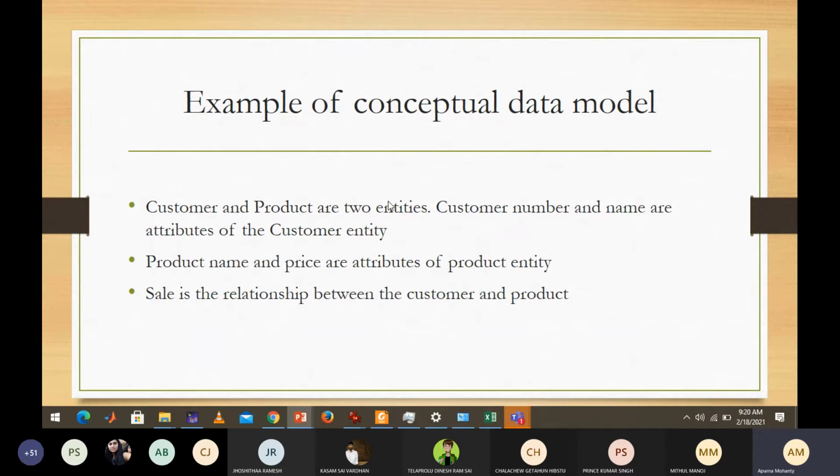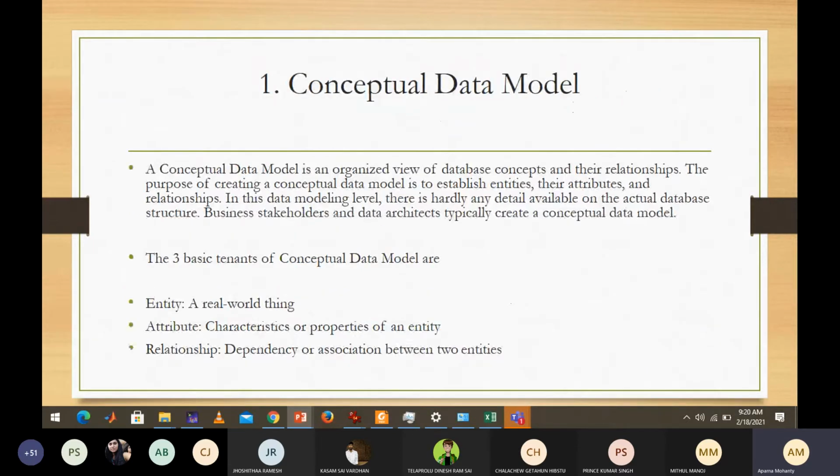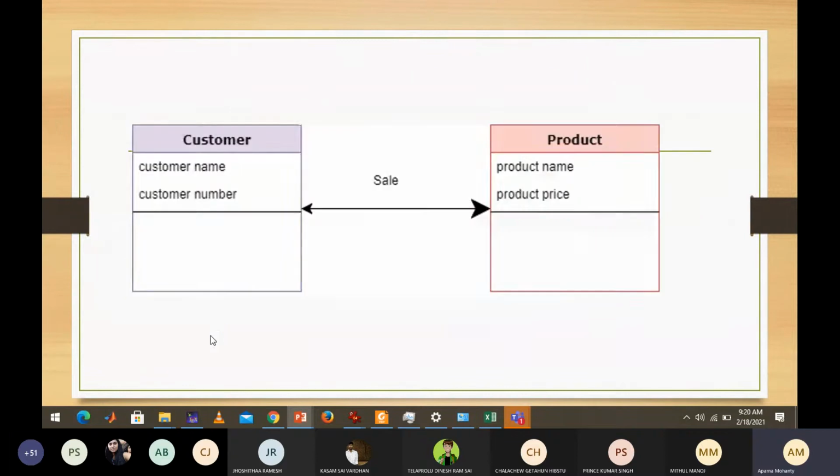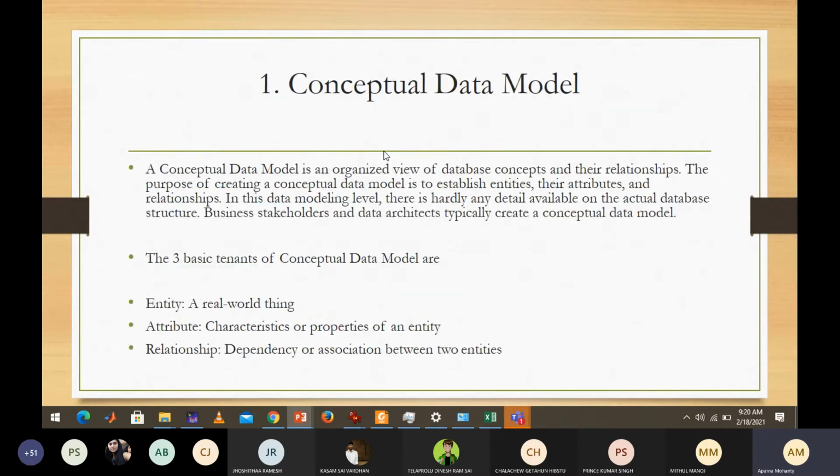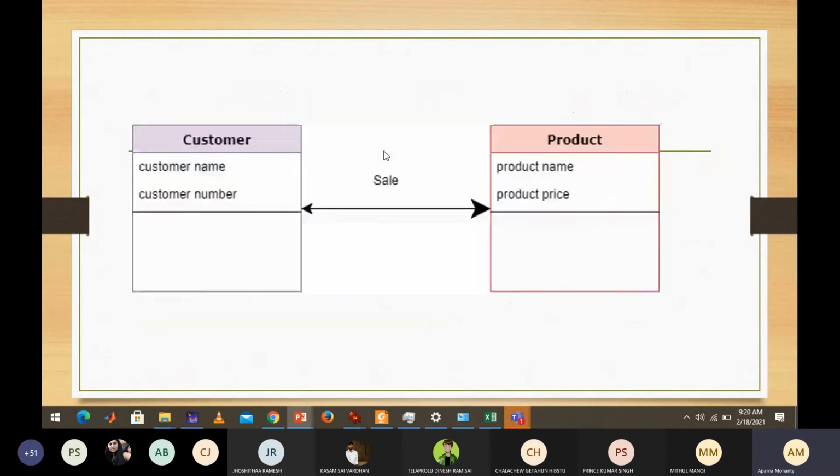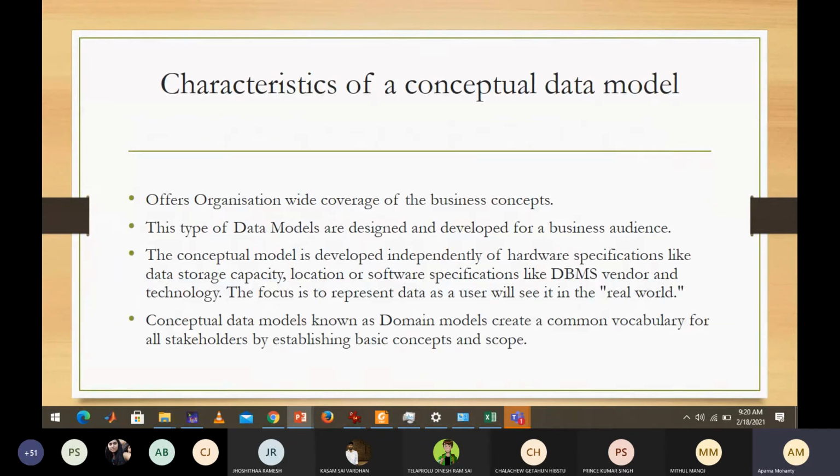So what does the conceptual data model involve? There are three things: entity, attribute and relationship. The entities are customer and product, the attributes are its names, and the relationship is the sale. This is about the conceptual model. Next comes the other model, the logical data model.